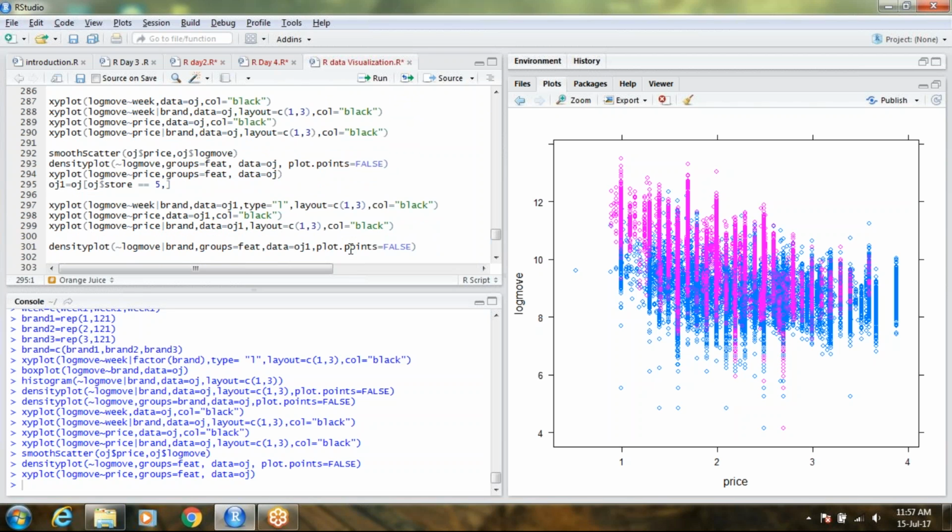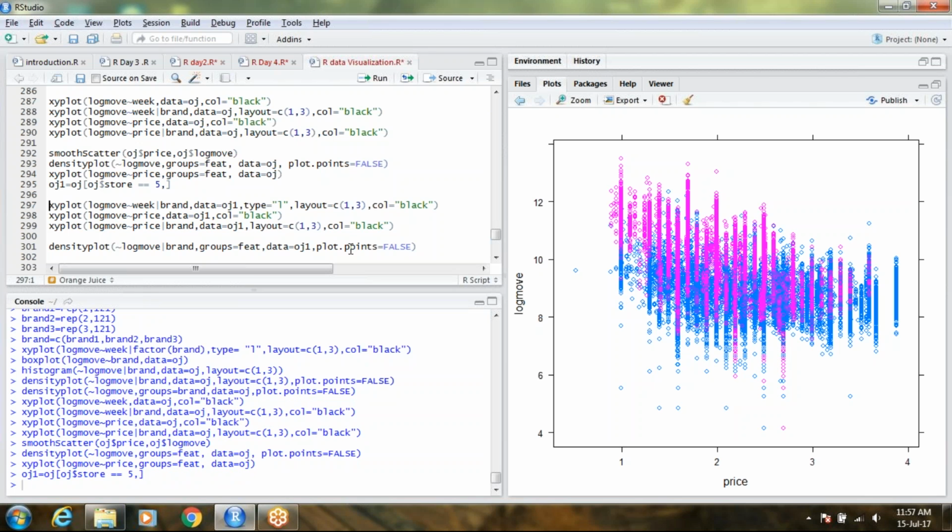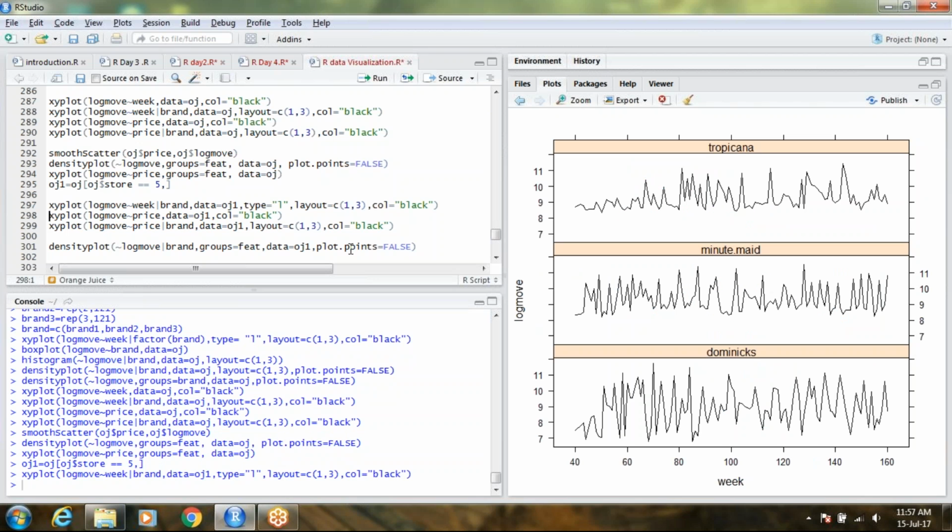Let's say I have filtered out one of the stores and I only want to work with that. So let's filter out for only one store, and see how it behaves for different weeks. I have filtered out only store number 5, and for that I am seeing how the trend has been for all the different weeks that I have.